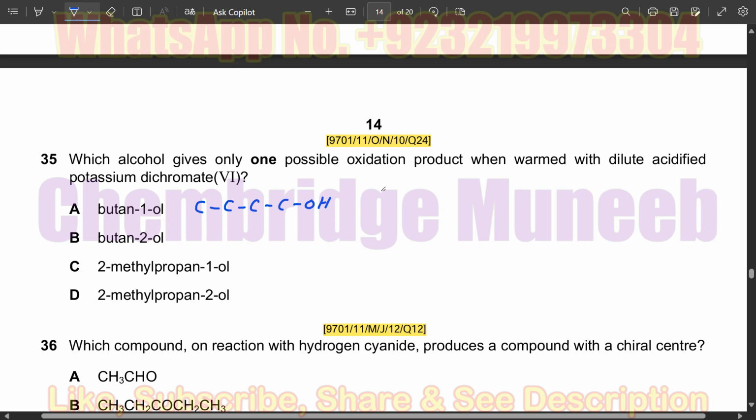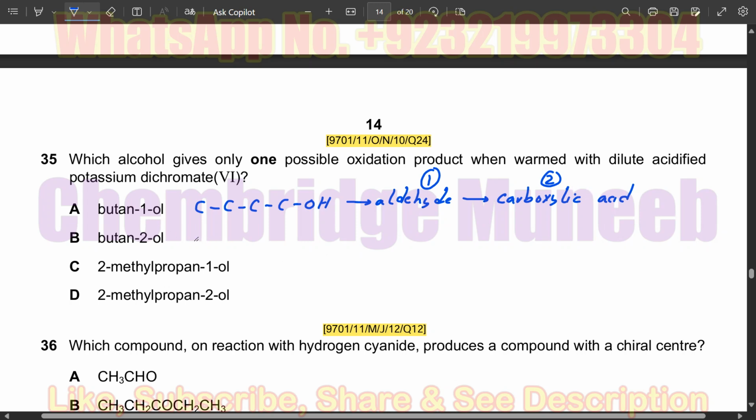and when it reacts with the acidified potassium dichromate, it will first convert into the aldehyde. This is the first product, and upon further reaction it will convert into the carboxylic acid. So we can see that there will be two products here, 1 and 2. There is no one product here.